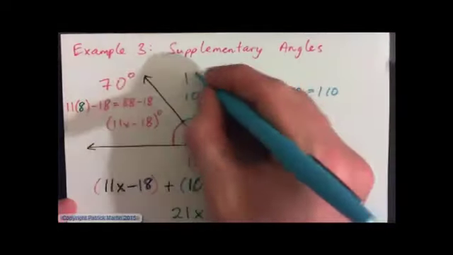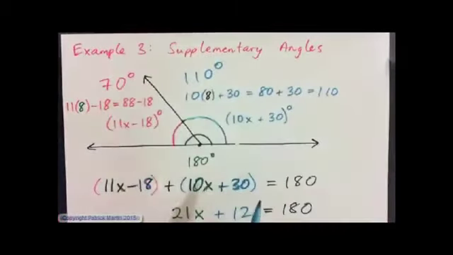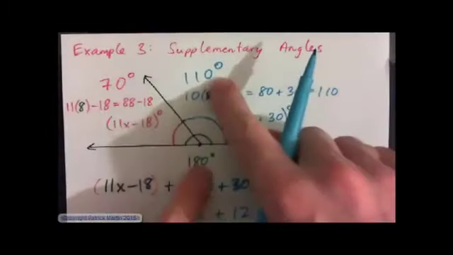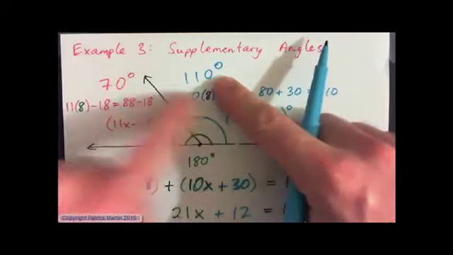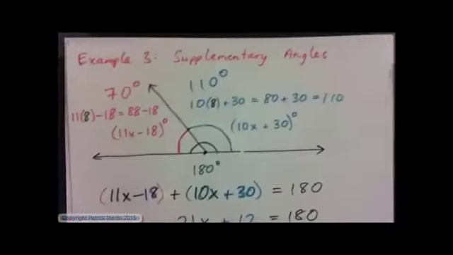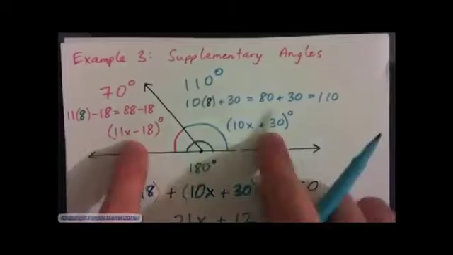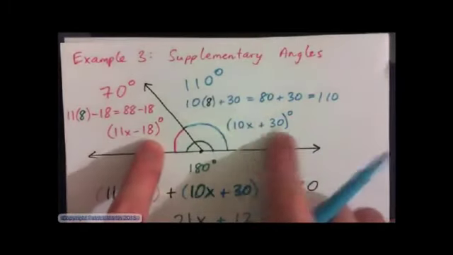So this one is 110 degrees. And do these add up to 180? What's 70 plus 110? That's 180 degrees altogether, right? So we find x, but we can also find the value of each angle, the 11x minus 18 and the 10x plus 30, right?